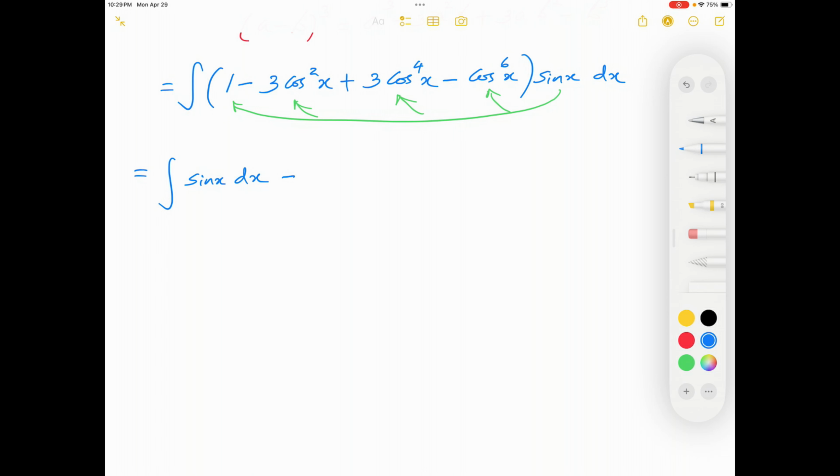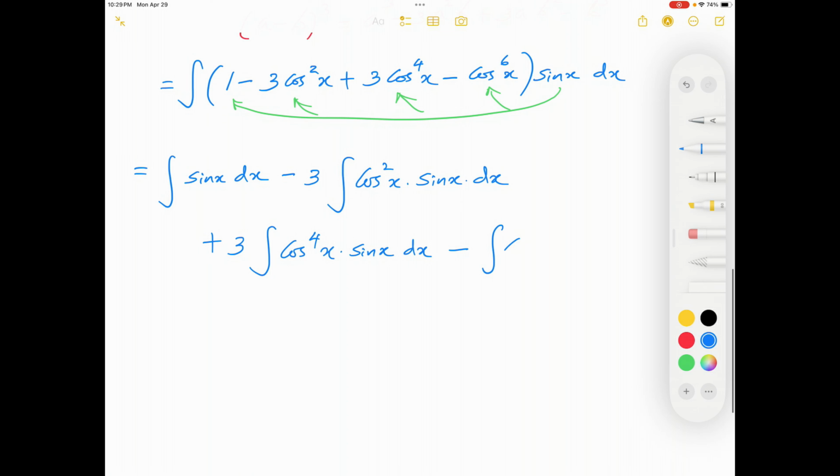The next one is minus, there's a 3 right here, which I'm going to write outside, integration cosine squared x times sine x dx, and the next one is plus, there's another 3 right here, which will also be written outside, 3 integral cosine fourth power x sine x dx, minus the last term right here, integration cosine sixth power x times sine x dx.